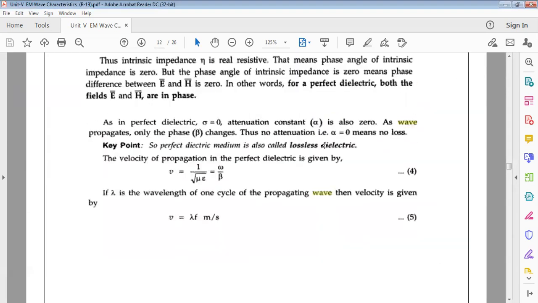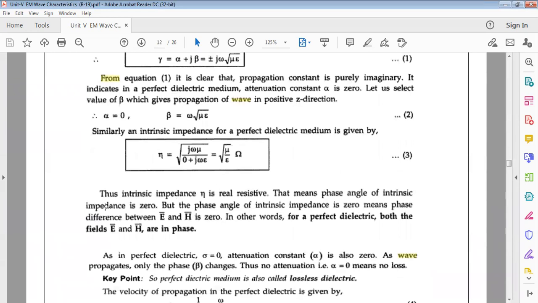And thus the intrinsic impedance eta is real, resistive. That means the phase angle of intrinsic impedance is 0. But the phase angle of intrinsic impedance being 0 means the phase difference between E bar and H bar is also 0. In other words, in a perfect dielectric, both the fields E bar and H bar are in phase, at the same angle. How do we get this?